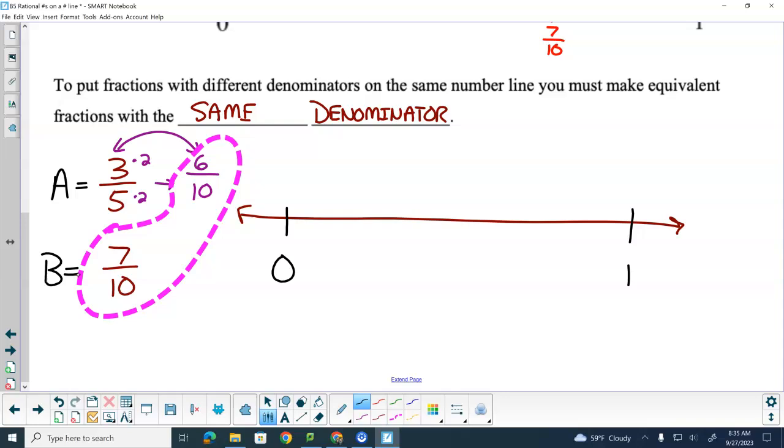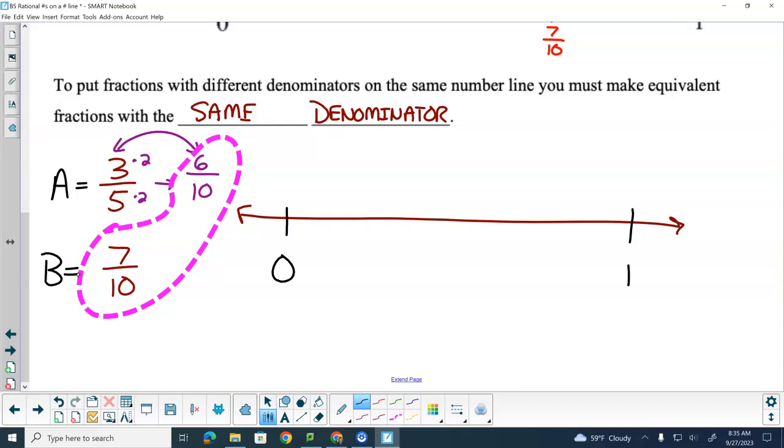Which, A or B, should be on the left? Meaning, in between 0 and 1, which point should be closer to 0? A or B? Why A? Because it comes first? No. Because 6 is smaller than 7, right?